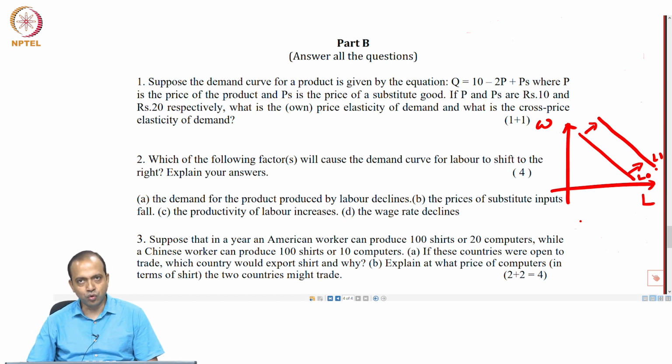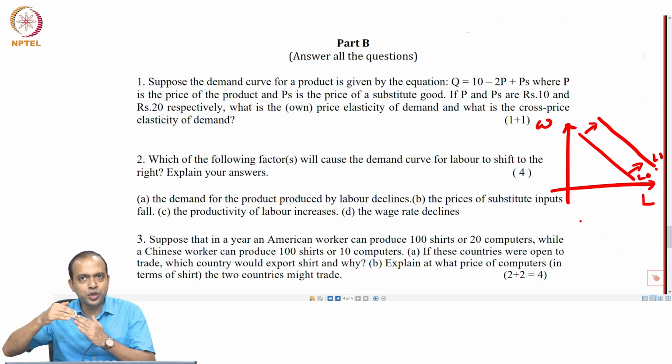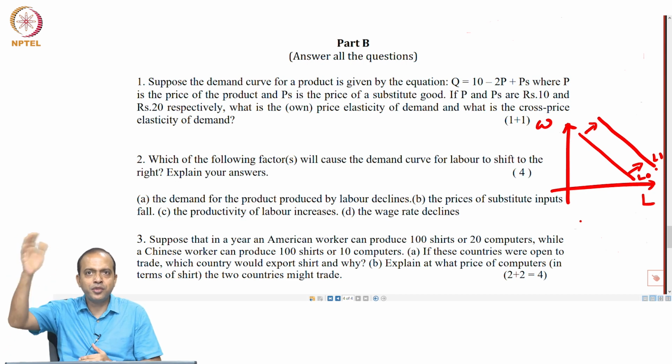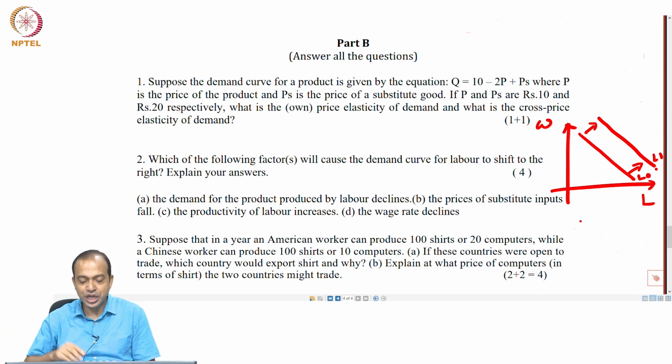Firstly, we need to remember labor is an input, and any demand for input is called derived demand. What I am saying? Derived demand means that an input per se does not have any direct demand. The demand for input is basically derived from the demand for the final good in which this input is used.